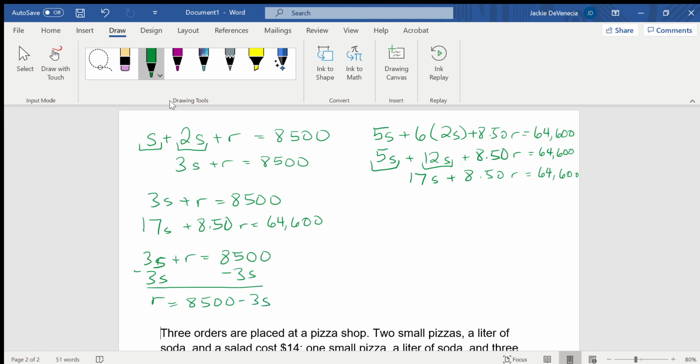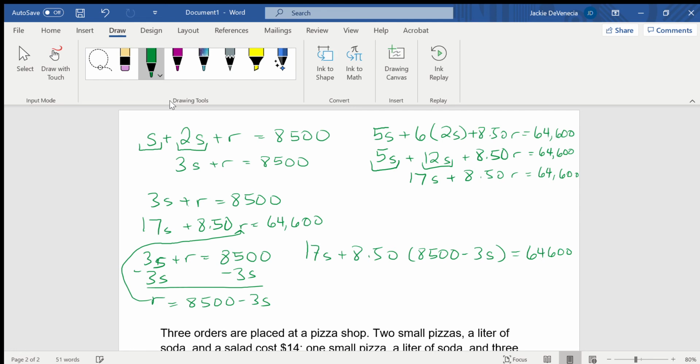So now I made another code. Wherever you see R, you want to put in this expression. So I'm going to place this over here just to connect the two equations. So we have 17S plus 850 times 8,500 minus 3S, that's an S, is equal to 64,600.